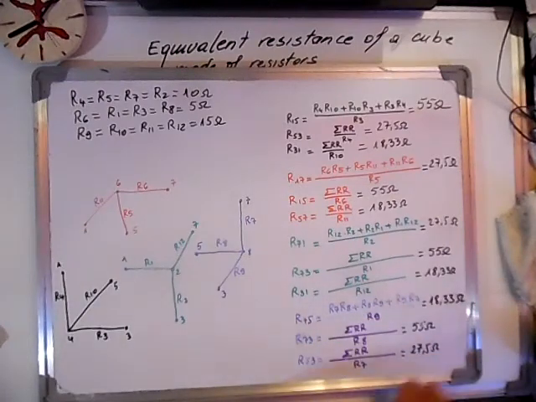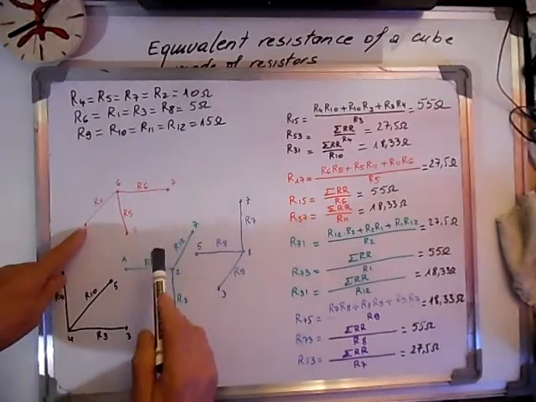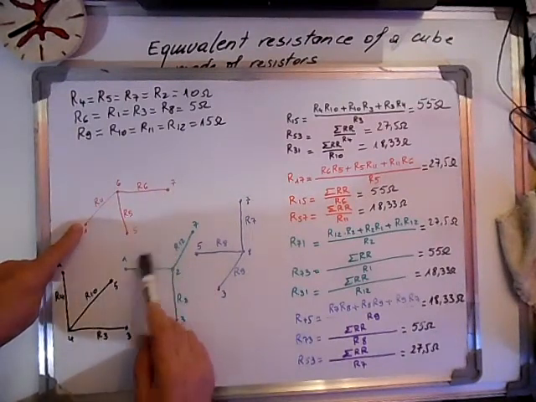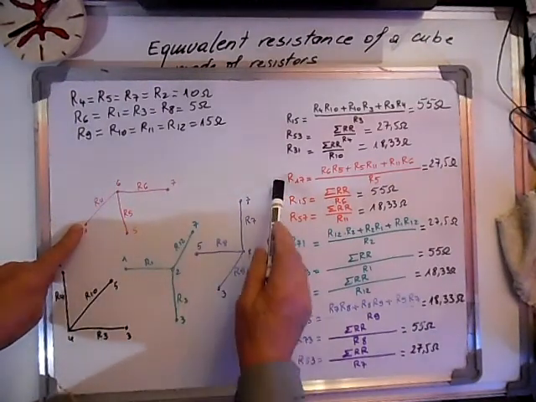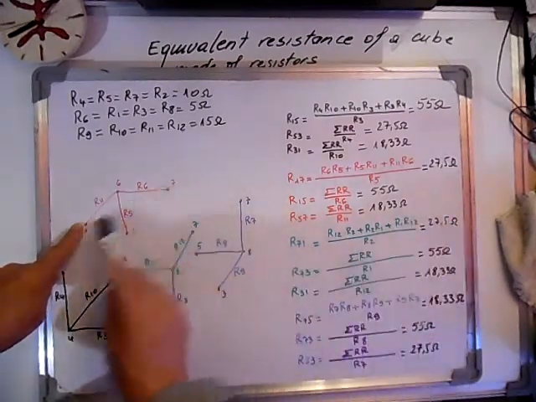It means that between 7 and 1 we have the equivalent resistance of the red one and the green one, which will later be in parallel.